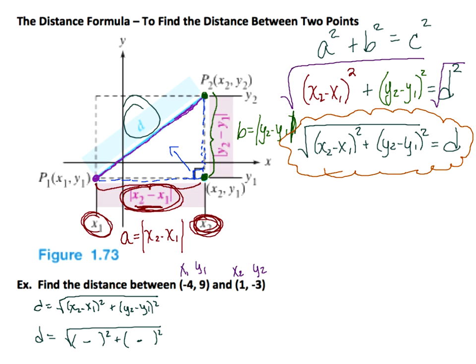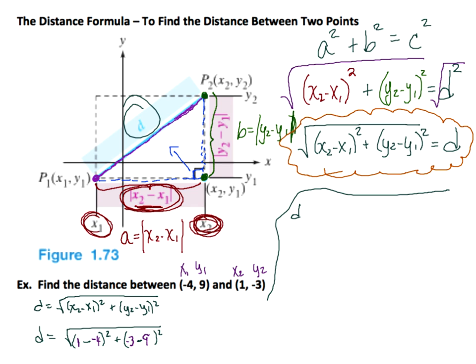So x2 is 1, x1 is negative 4, y2 is negative 3, and y1 is 9. Okay, so continuing, by just simplifying, I'm going to give myself some room over here.